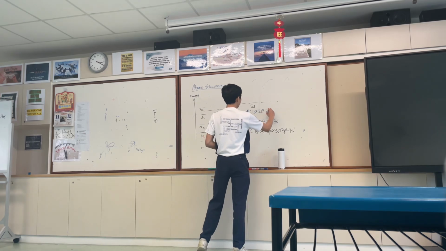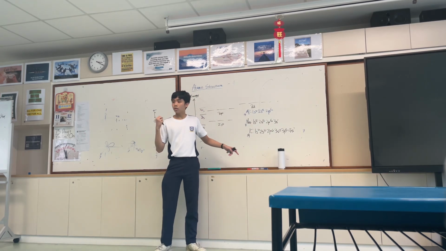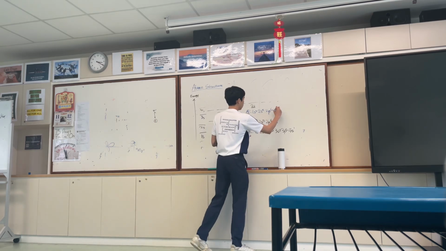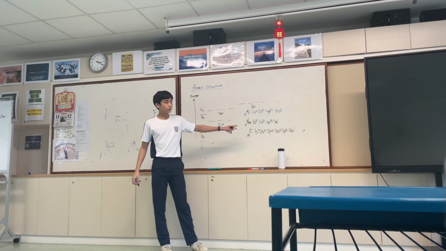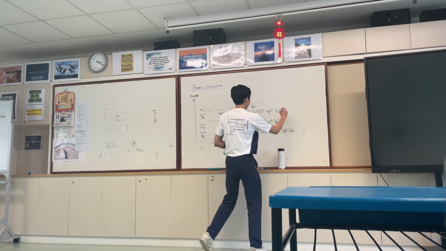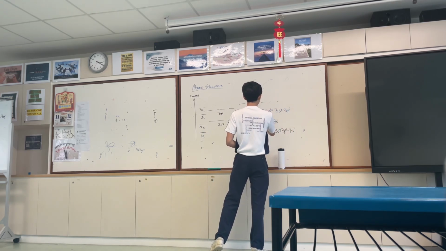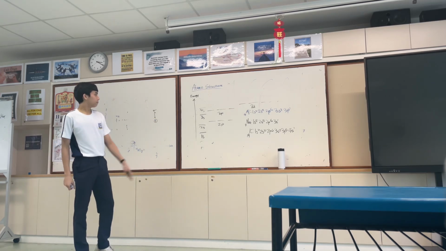From here, how many electrons do I need? I need 3 more, so 3s2. I need 1 more. We go to 3p1. Just check that's correct: 13. Okay, good. So that's how you write the electron configuration for aluminium.